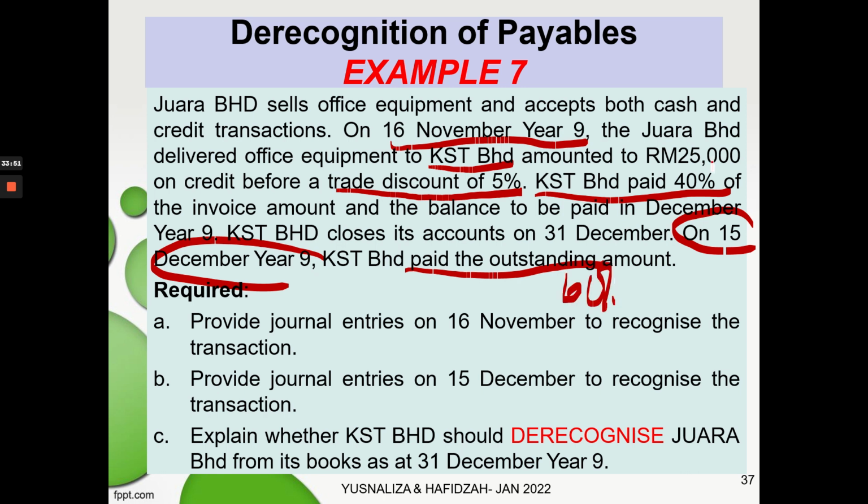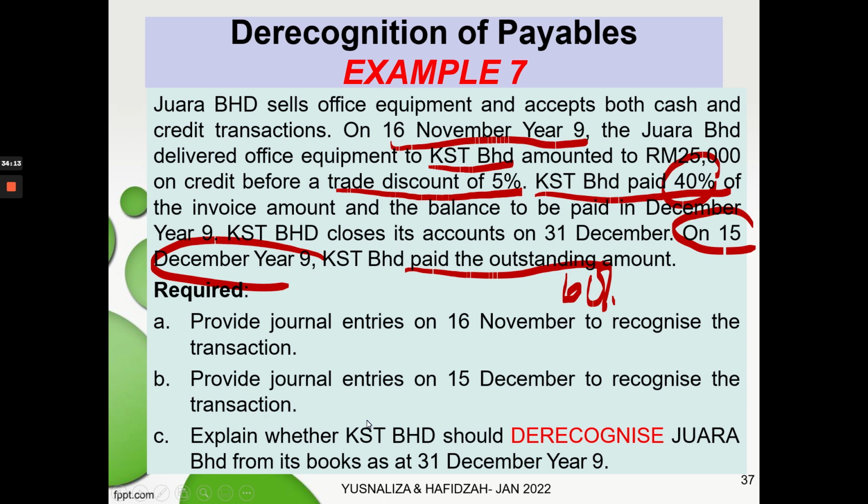Why 60%? 100% minus 40% will be paid on 15th of December. You are asked to show the journal entries on 16th of November, journal entries on 15th of December to recognize the transaction, and also whether we should derecognize Juara from the books of KST.